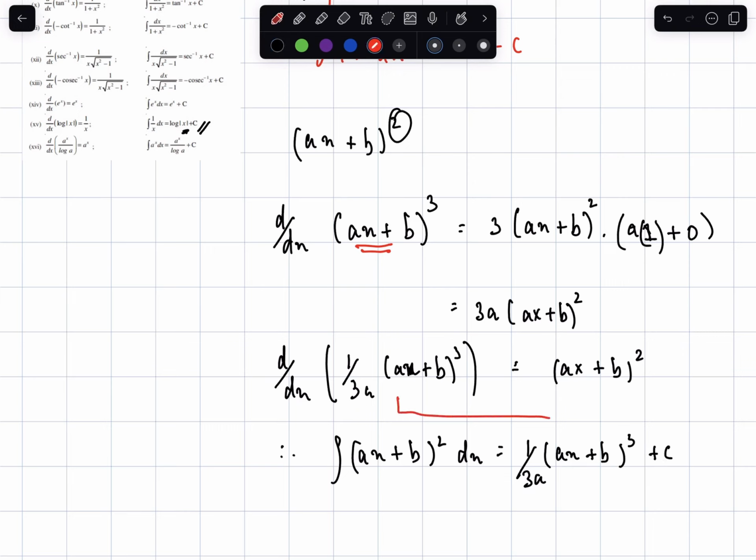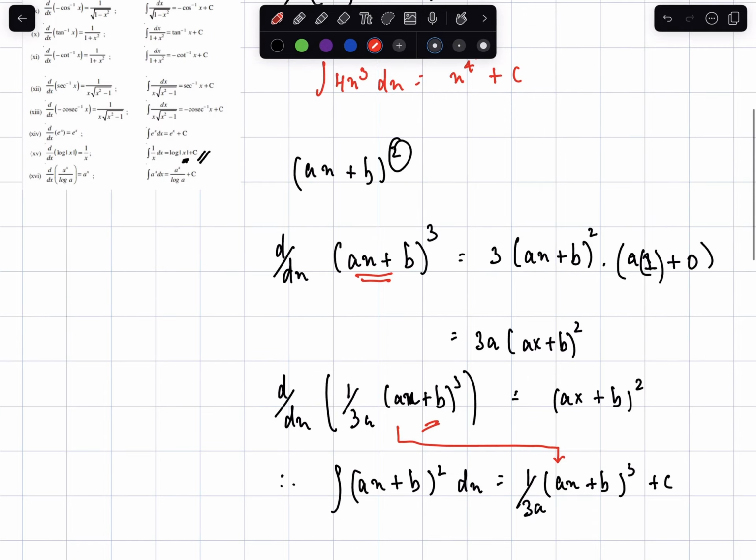Like I said, this becomes the integral solution of ax plus b the whole square. All right, I hope that's clear. So now we will go through the next set of questions, that is question 6 to question 22, in the next video.